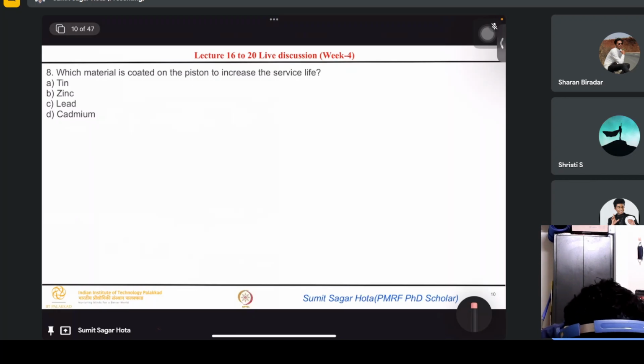So because of that, some coating is required. And only when the coating wears off is servicing required for the piston.